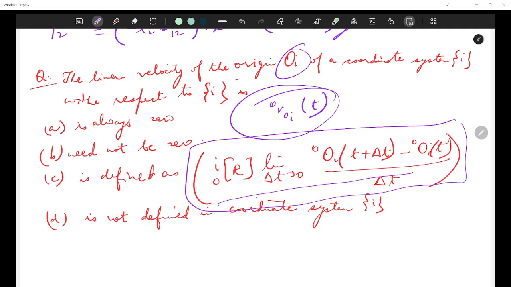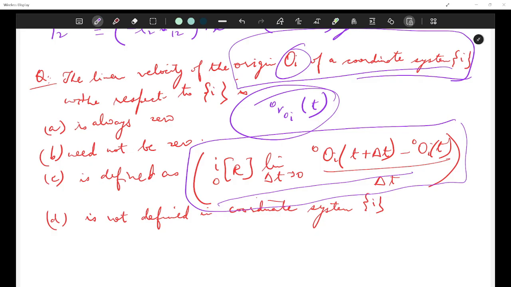Is velocity always 0? Now you can think that the origin of frame I is fixed in frame I, so its velocity must be 0. That is the whole trap here. This is wrong. Why? Because velocity is defined with respect to another frame.